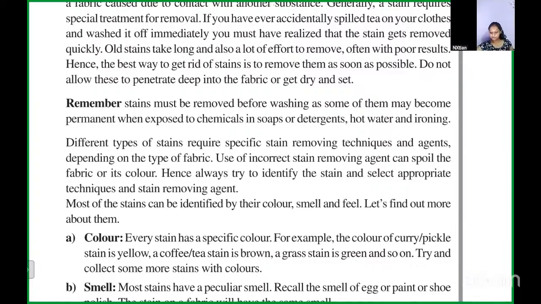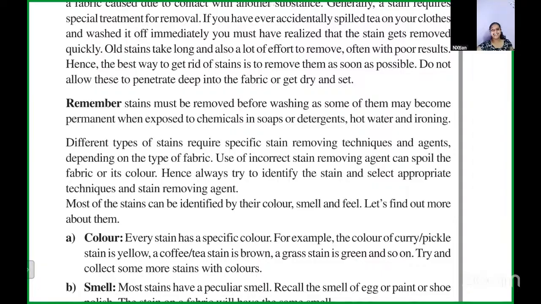So the use of an incorrect stain removing agent can spoil the fabric or its color. Hence, always try to identify the stain and select appropriate techniques and stain removing agents. Most of the stains can be identified by the color, smell, and feel. We can identify the stains because we know what we were eating and what fell.